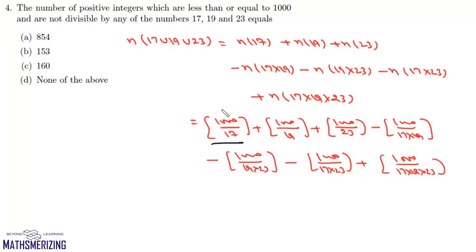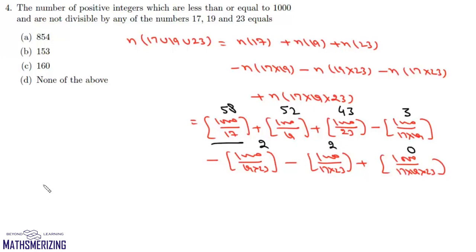Now this value is 58, this value is 52, and this value is 43. Then 3, 2, 2, and the last value will be 0.